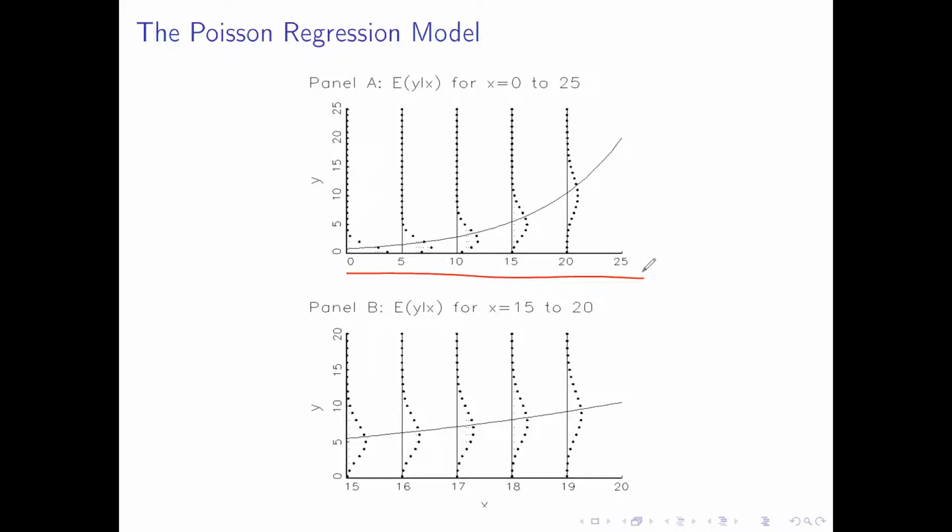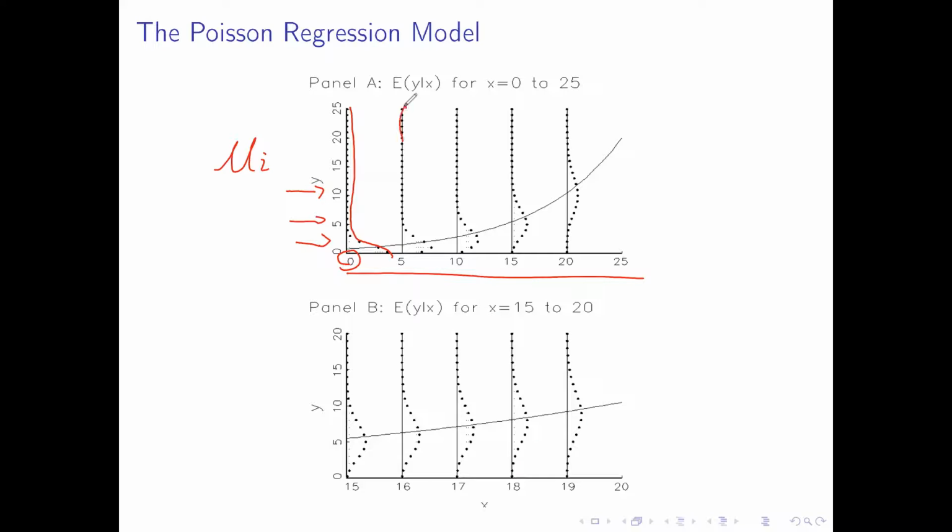Once the x is determined, for example, 0 here, we can figure out its mu, and then we can plug in the probability function. So what if y equal to 0, y equal to 5, and y equal to 10? We can calculate their probability, and that's how the conditional Poisson distribution looks like for x equal to 0.